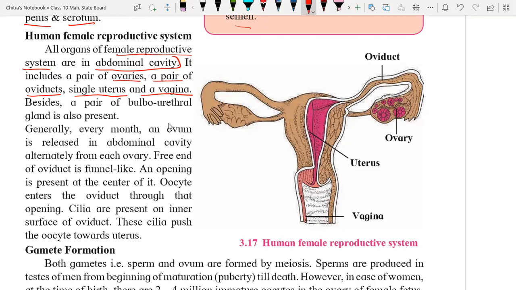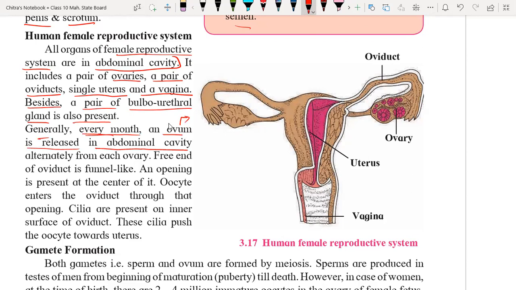Besides, a pair of bulbourethral glands is also present and we will understand their function also. Generally, every month an ovum is released. Ovum means the egg cell, beta. The egg cell is released in the abdominal cavity.